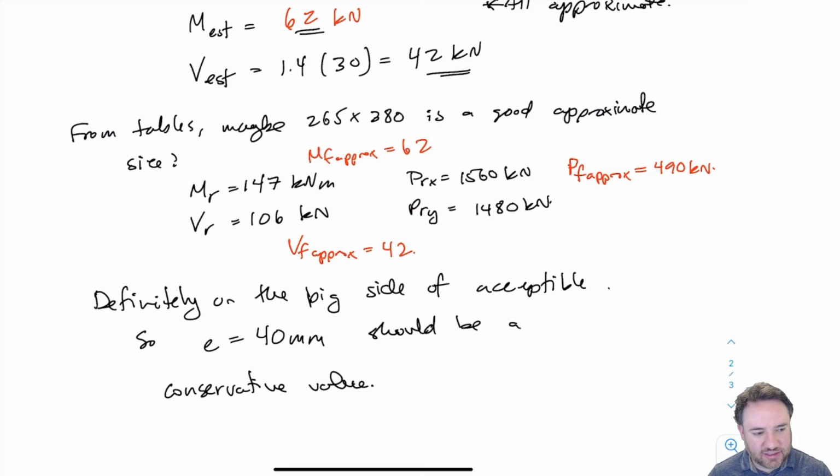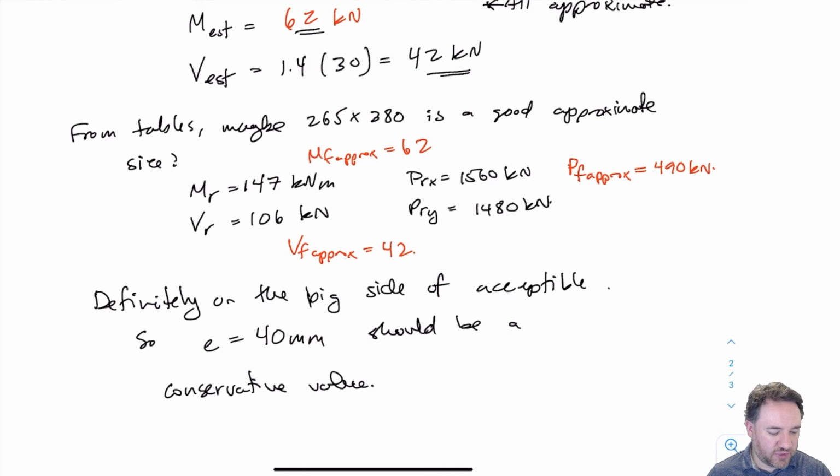If we're doing a simple interaction where we have a third and a third, then we have kind of a third of the strength left over. So I think we're pretty confident that the size of our member is going to be smaller than this. So this eccentricity value should definitely be conservative.